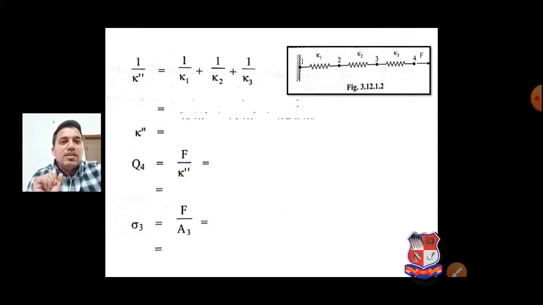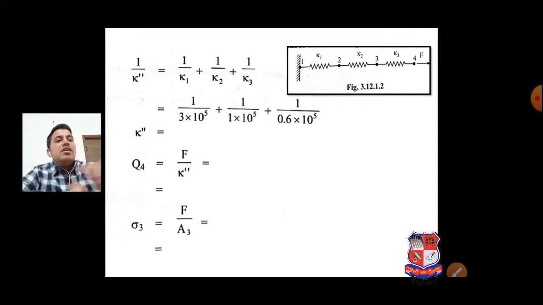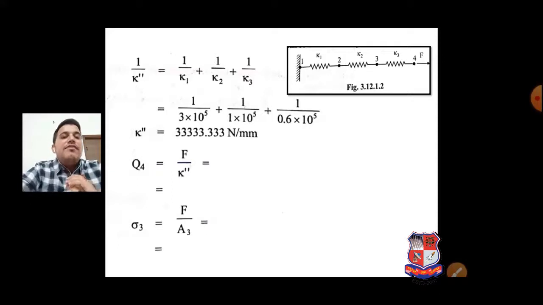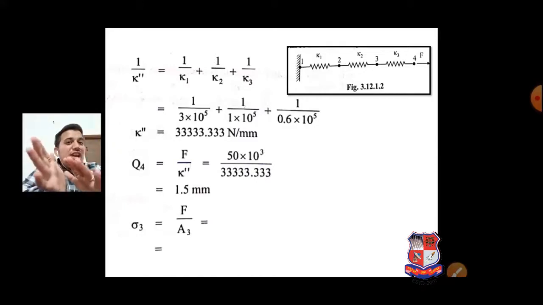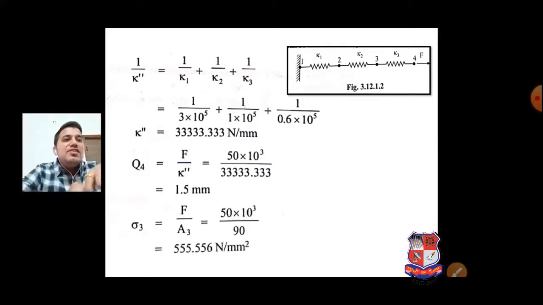So let's see, we put the values of all three stiffnesses, and we find k double dash is equal to 33333.333 Newton per mm. Now we put the same value to find q4, and the final value is 1.5 mm. So here we can find displacements as well as stress individually at node number 2, node number 3 and node number 4.